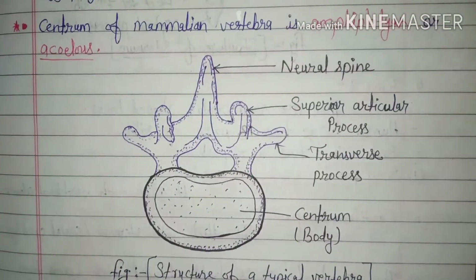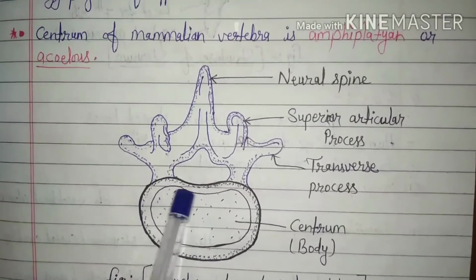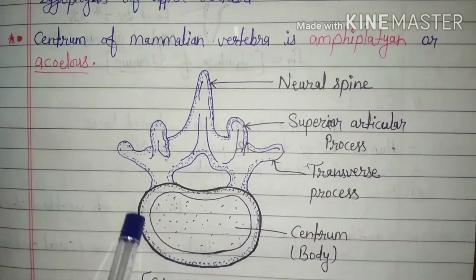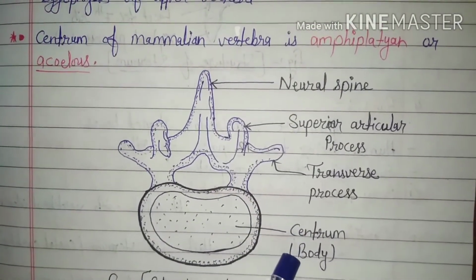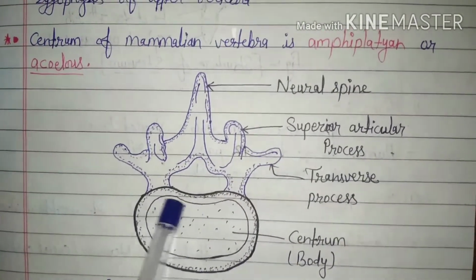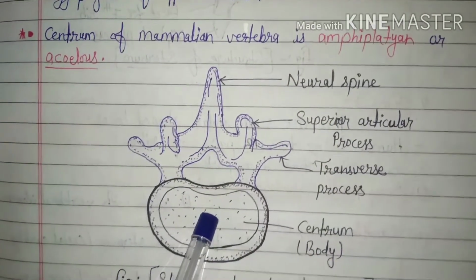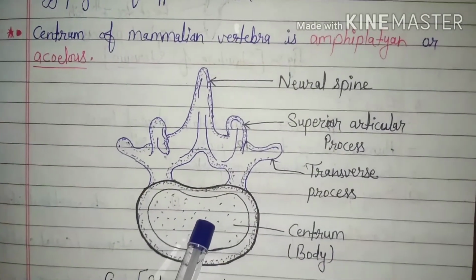Let's see the structure of a typical vertebra. Its hollow structure is called the centrum or body. It means the neural canal part. Inside the neural canal, the spinal cord is situated.